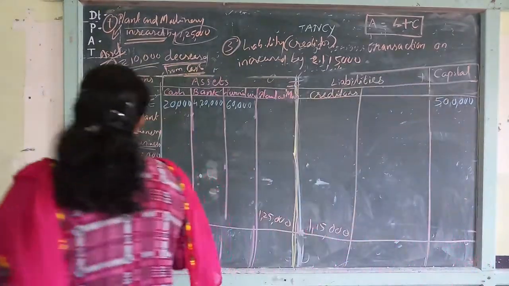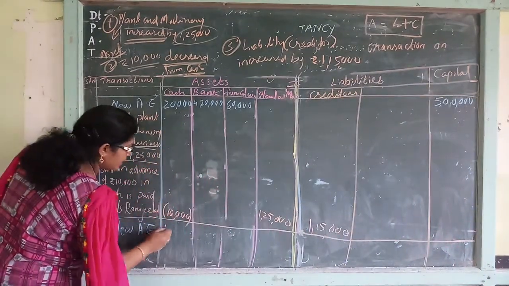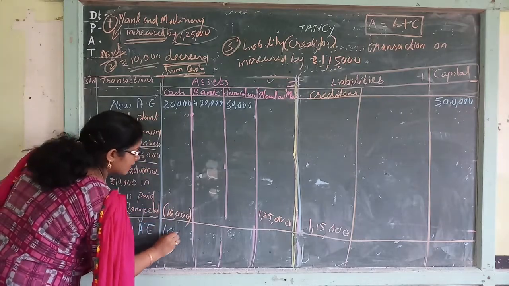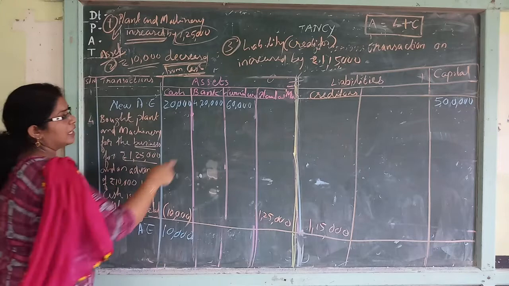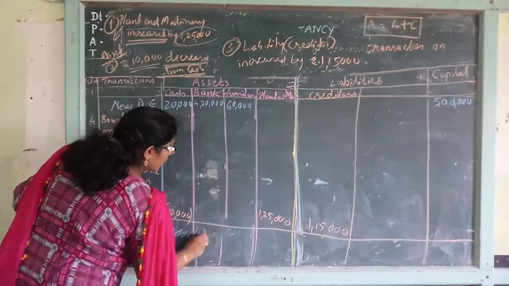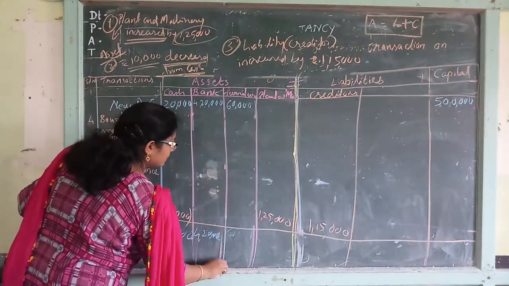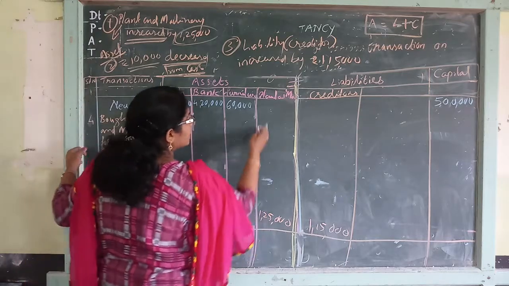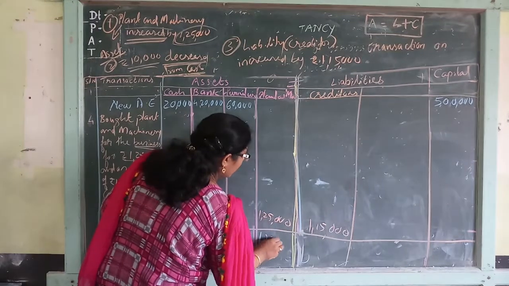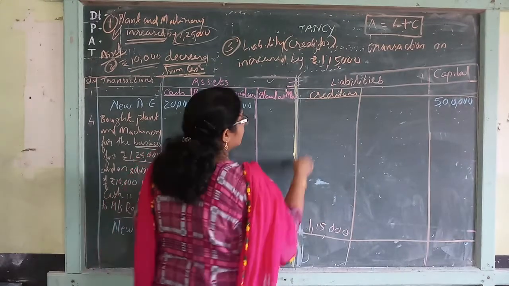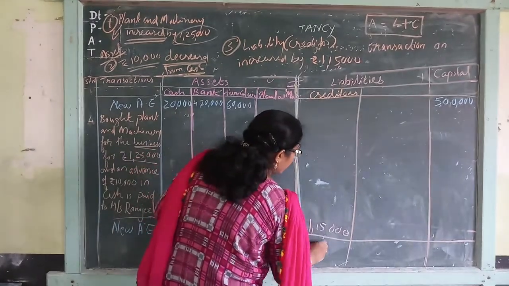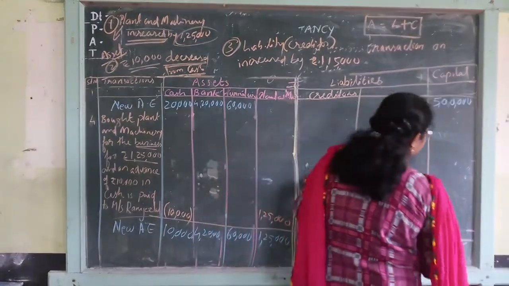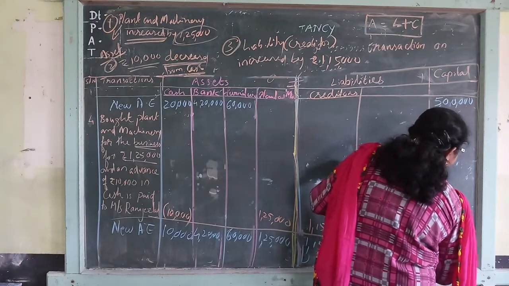Make a new account equation: 20,000 minus 10,000, that is 10,000 cash balance will now be in your hand. Bank balance is 4,20,000. Next one is furniture balance 60,000. Plant and machinery balance 1,25,000. Creditors balance 1,15,000. Okay, this capital balance 5 lakh.